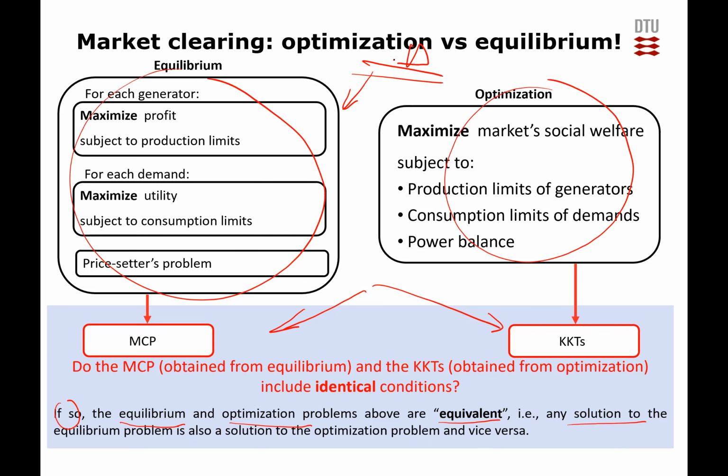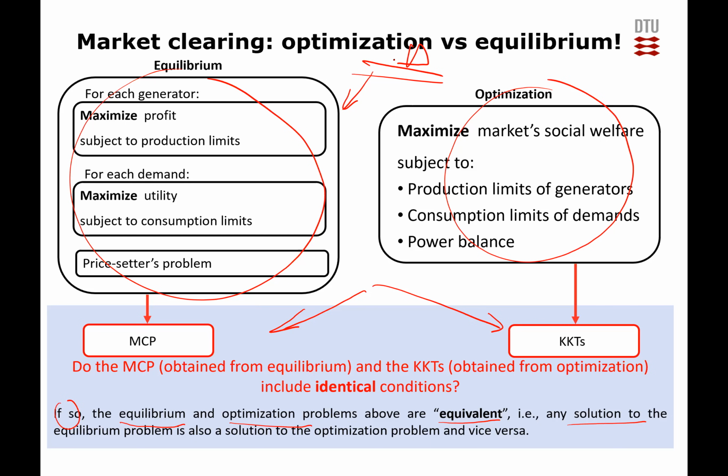Whenever you have two problems, either optimization, equilibrium, or whatever, and you ask whether they are equivalent or not, always derive the KKTs and compare. If you achieve the same set of conditions, then the original two problems are equivalent. Is it clear?